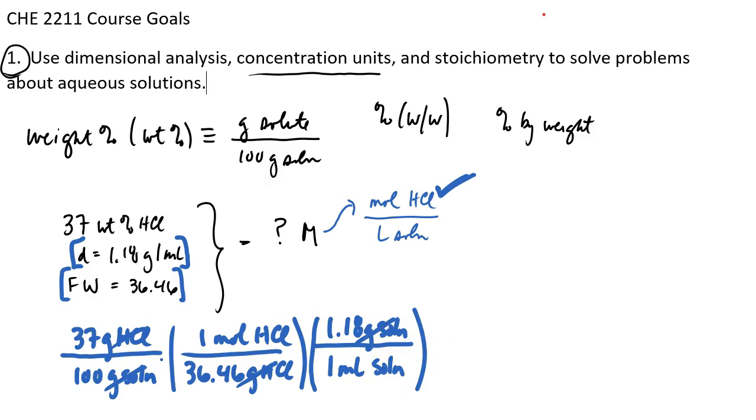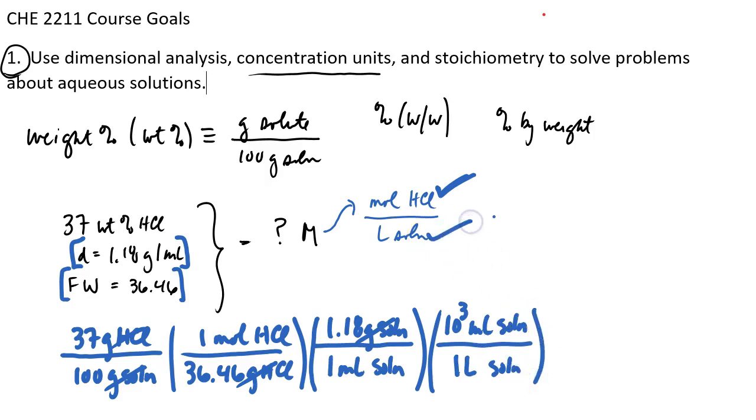And then one, I think, trivial step would be to say that for every 1,000 milliliters of our solution, there is 1 liter of solution, and we've done it. We've converted mass into volume using density, so let me cancel out milliliters.